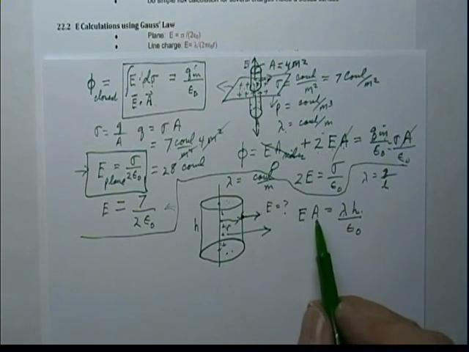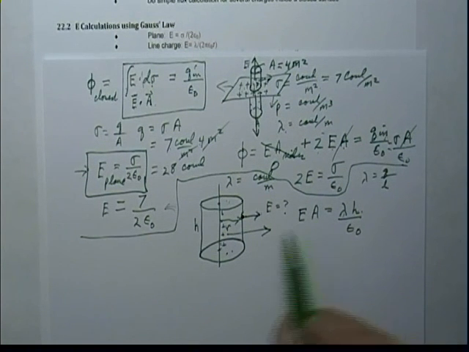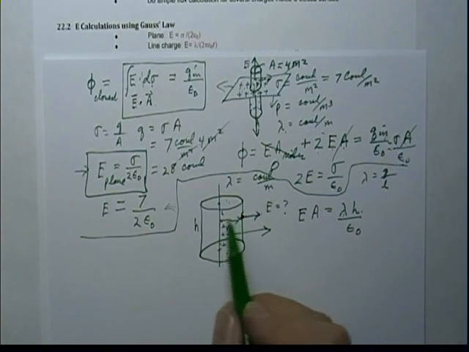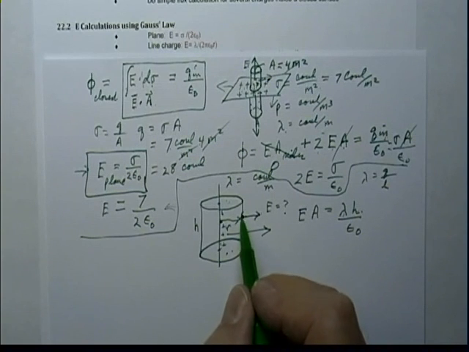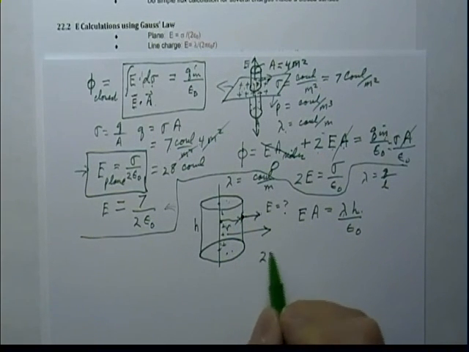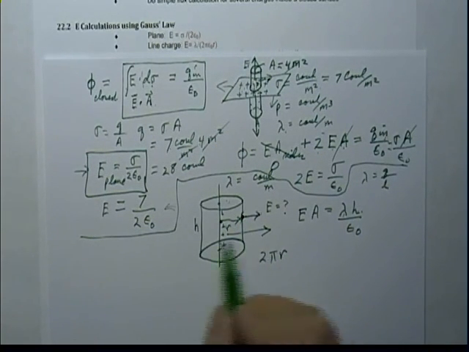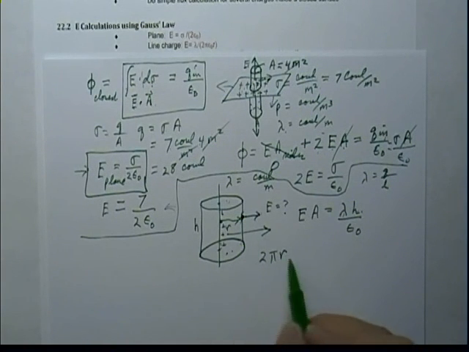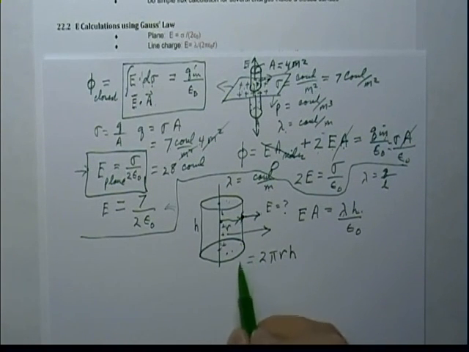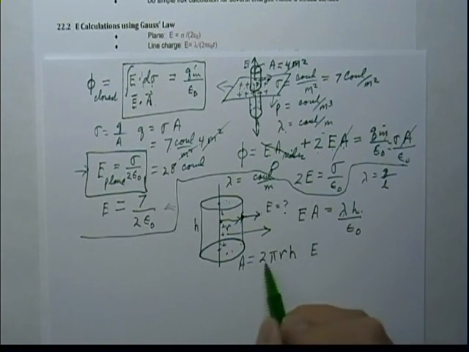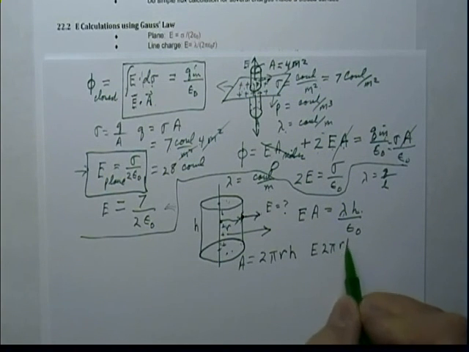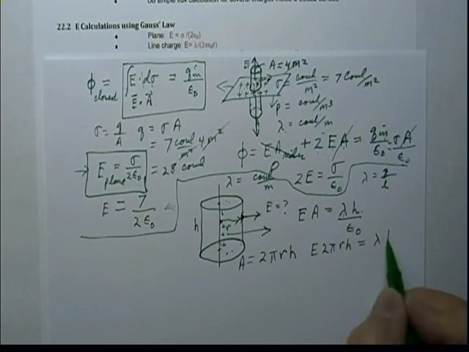Well, how do we do this? What is the area? Well, if this thing has a distance r outward, and we look at the circumference of this, then we know that the circumference all the way around is going to be 2 pi r. Well, that's the distance around the cylinder. If we multiply that by the height of the cylinder, this is going to be equal to the area. So now we can write E times the area, 2 pi r h, has got to be equal to lambda h over epsilon naught.